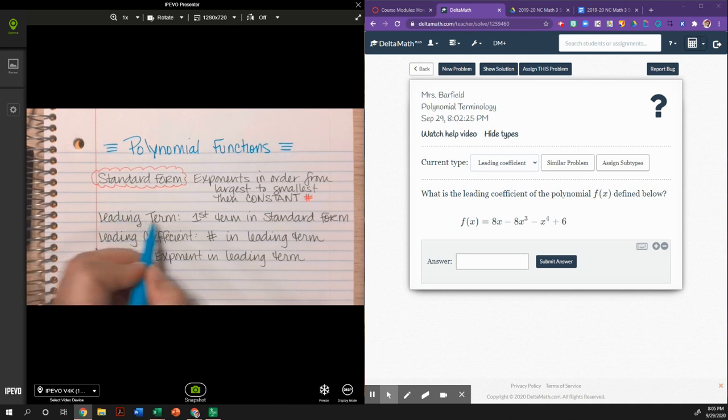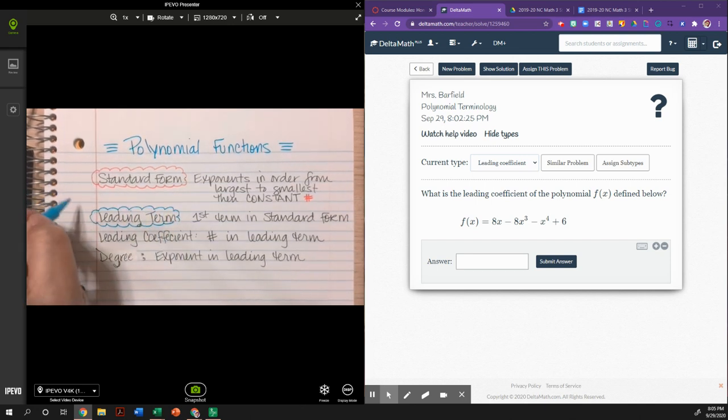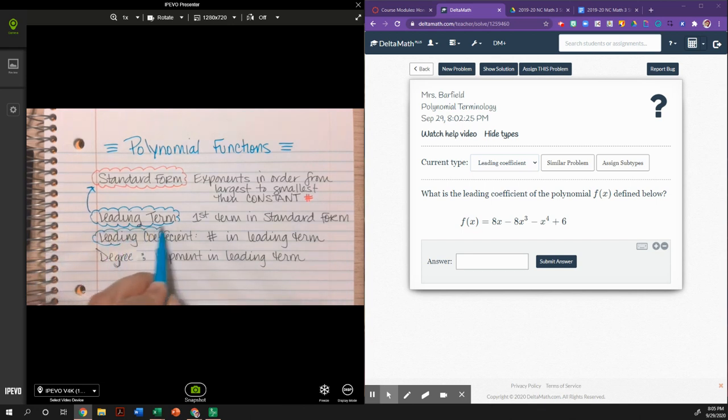Once you have it in standard form, these other three are all related to standard form. If you don't have it in standard form, you cannot identify the leading term, the leading coefficient, and the degree. The leading term will be the first term in standard form. The leading coefficient will be the number in the leading term.